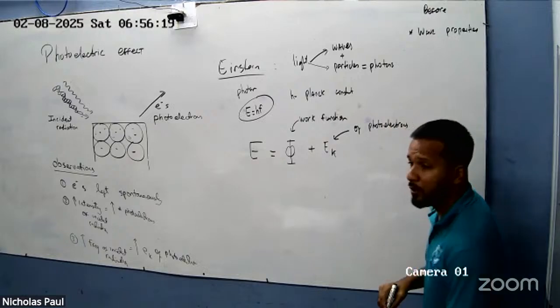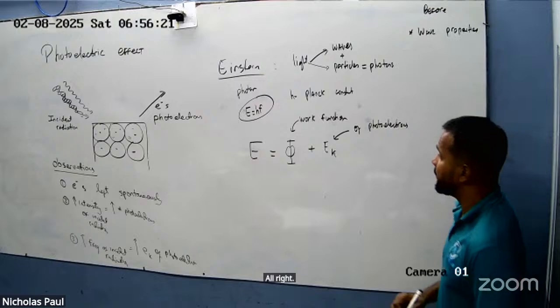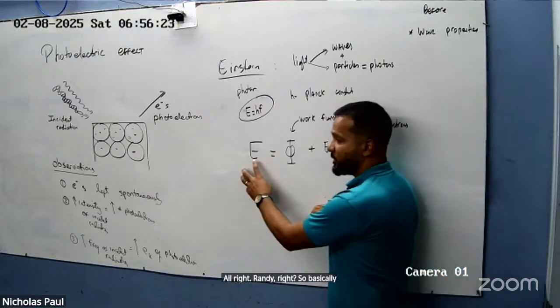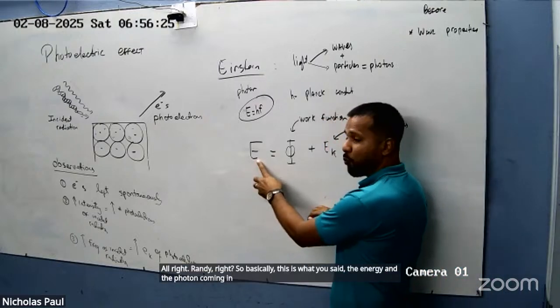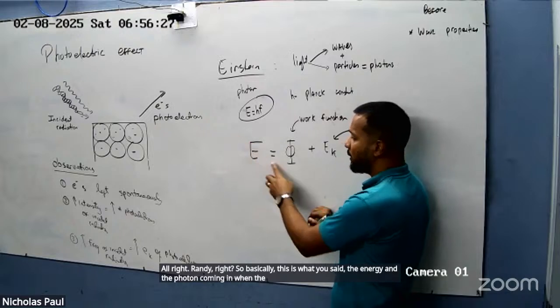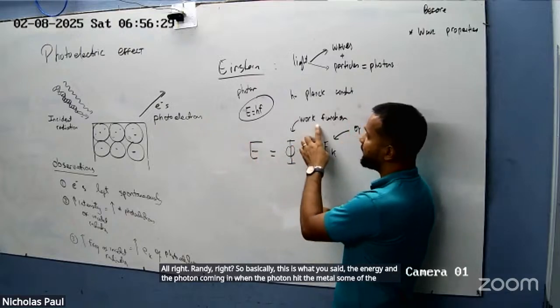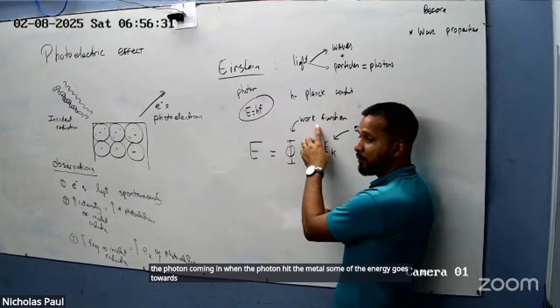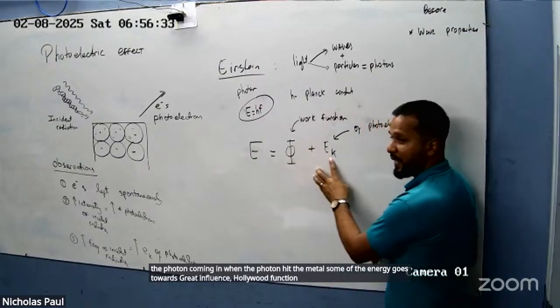So basically, the energy of the photon coming in, when the photon hit the metal, some of the energy goes towards breaking bonds for the work function, and the remaining energy is kinetic.